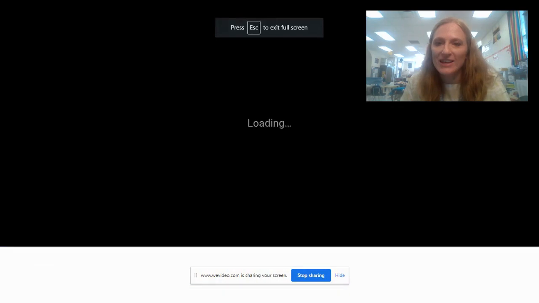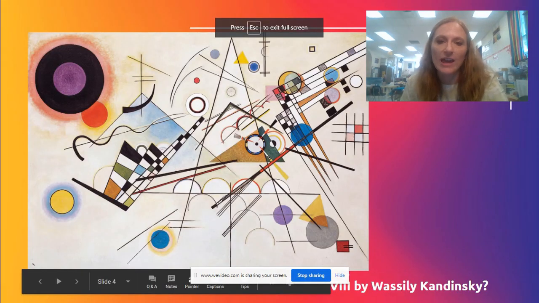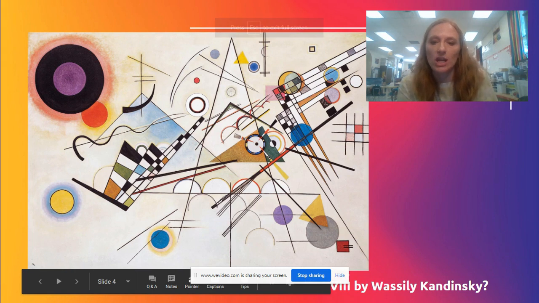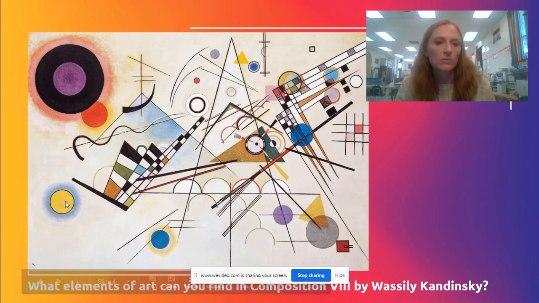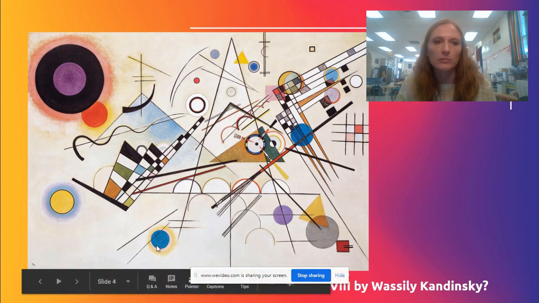Hey, friends. Let's take a look at an artist that uses shapes. This is by Wassily Kandinsky, and let's see what kind of shapes we can find. I definitely see lots of circles. I see red and yellow and blue and purple and black.